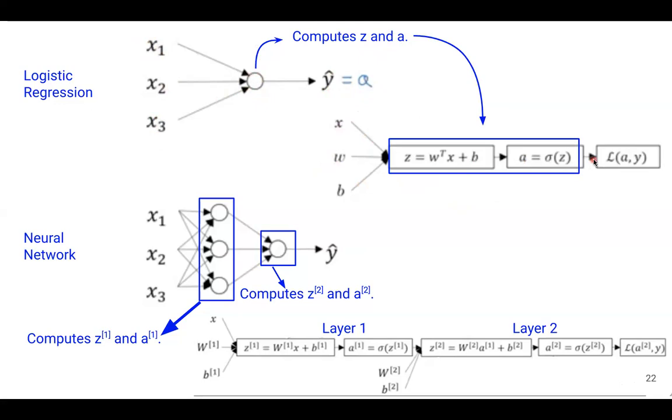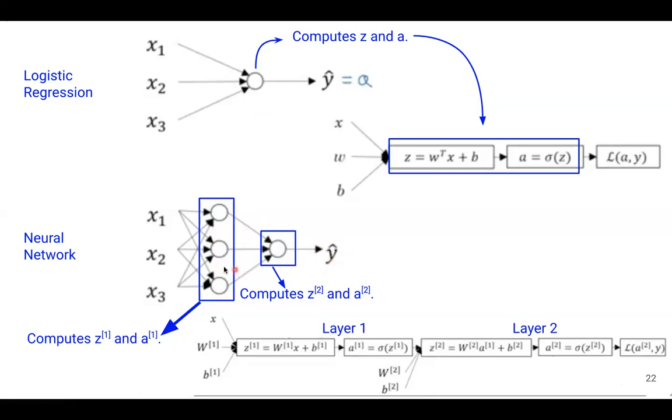Now let's discuss neural network. So a neural network looks like this. We have the same x1, x2, x3 as input, but now instead of only one node, we first have one layer with multiple nodes, in this case 3, and then we have another node. This is the node similar to the logistic regression, which gives out the y hat.